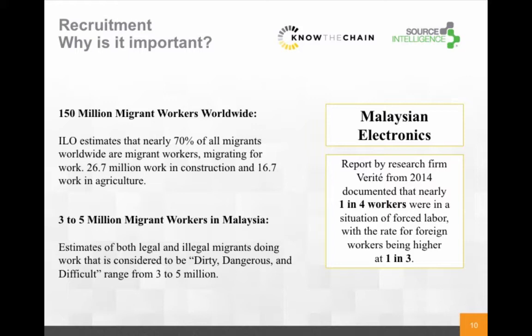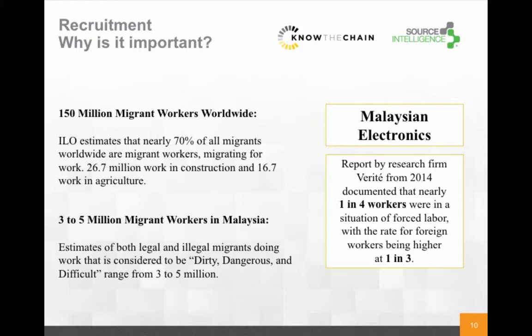The ILO estimates that nearly 70% of all migrant workers worldwide are working outside the context of their individual countries of origin. 26.7 million of these workers are in construction, and 16.7 million are in agriculture. So a large portion of an individual company's or supplier's potential workforce might be migrant workers.